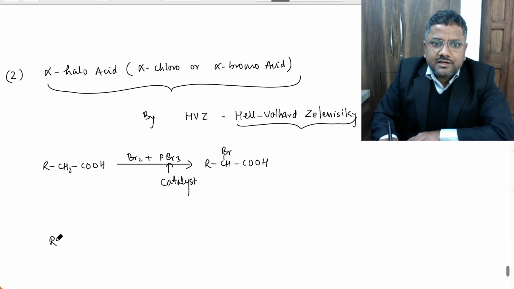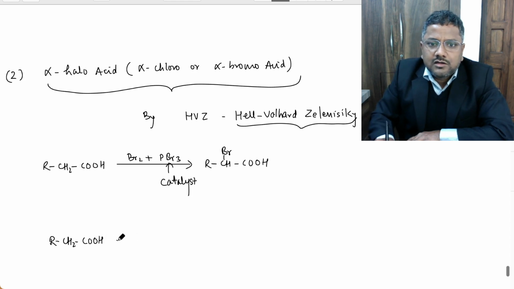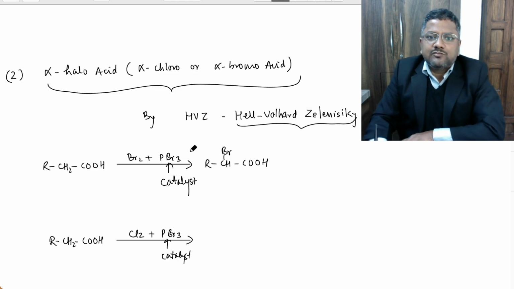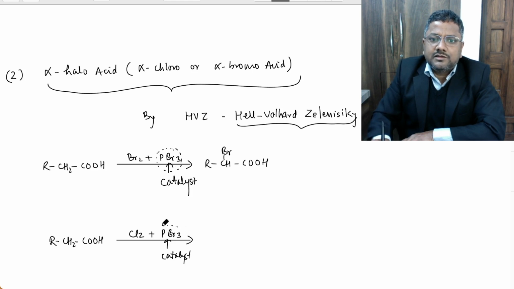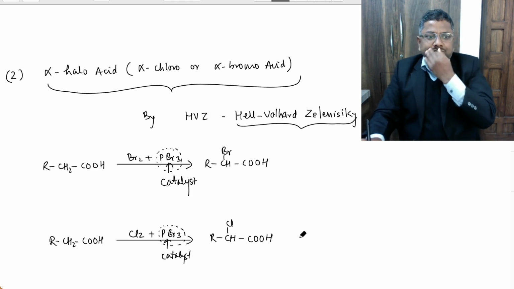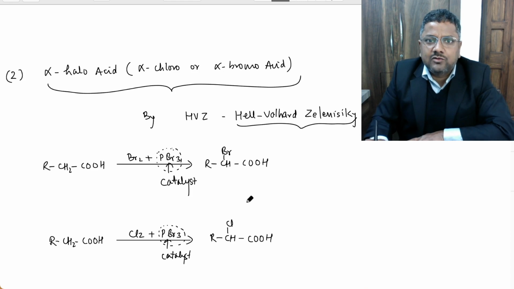Similarly, if you take RCH2COOH and Cl2, here, if you take Cl2 plus PBr3, the catalyst is PBr3. So don't confuse that this bromine is coming from this PBr3. No, not right. So you will get RCHClCOOH, right? So you can prepare alpha halo acid.